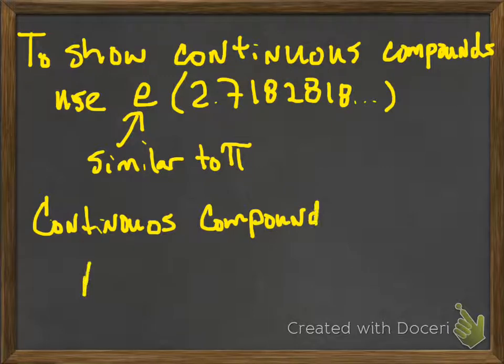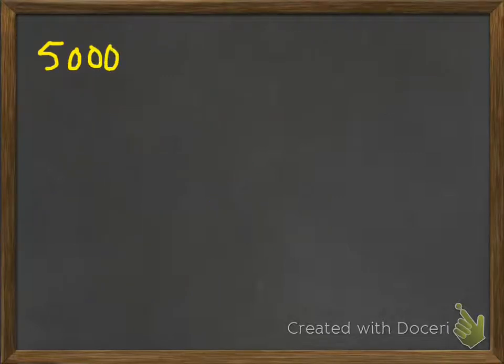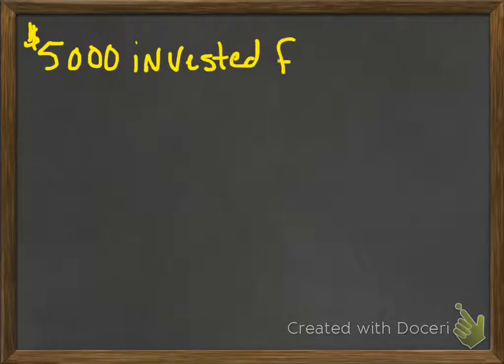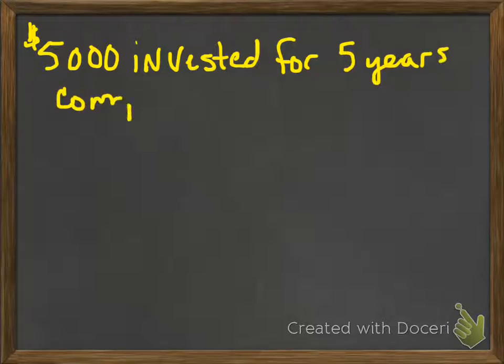Our continuous compound formula is slightly different. It is A equals P times e raised to the rt power, again rate and time there. Let's do one quick example. Let's invest the same $5,000, but this time we're going to compound it continuously for 5 years at 4%.